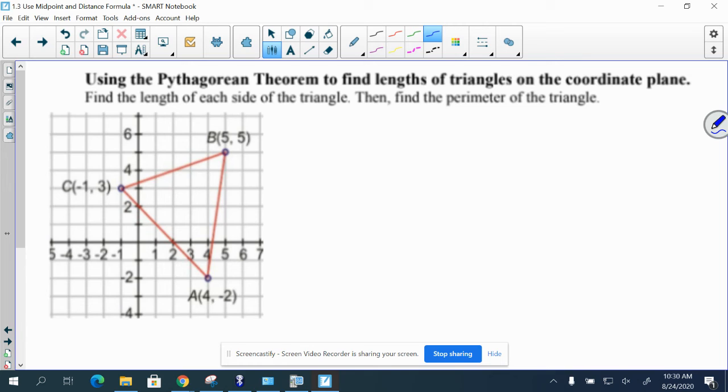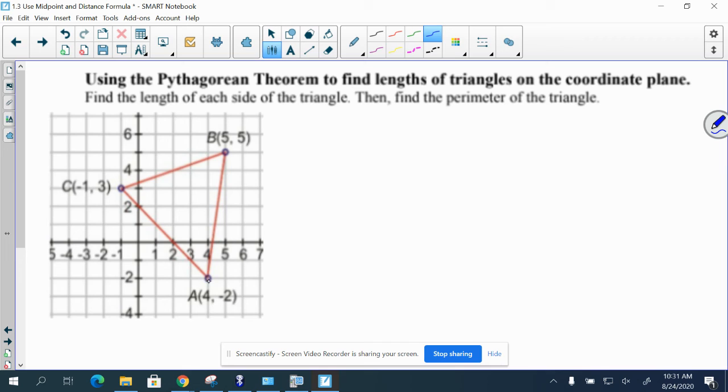Okay, let's consider this example here. It says to find the lengths of each side of the triangle, then find the perimeter of the triangle. All right, the way it wants you to do this, though, is not with the distance formula, but with the Pythagorean theorem. So in order to do that, you would need to make 3 mini right triangles for each of the 3 lengths. Let's do AB first.